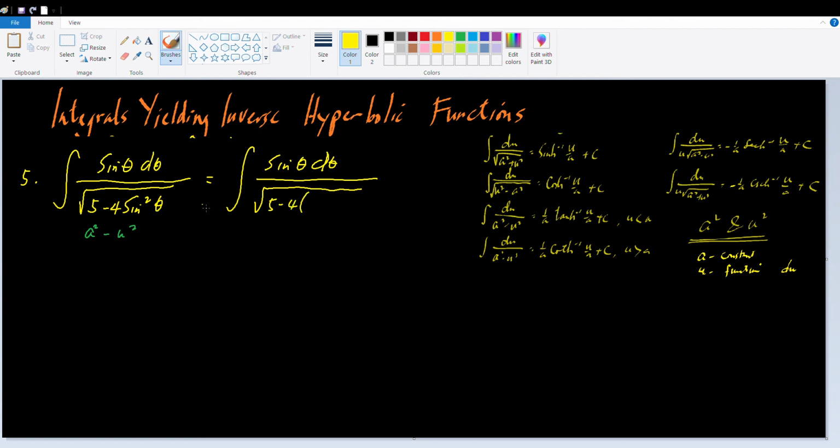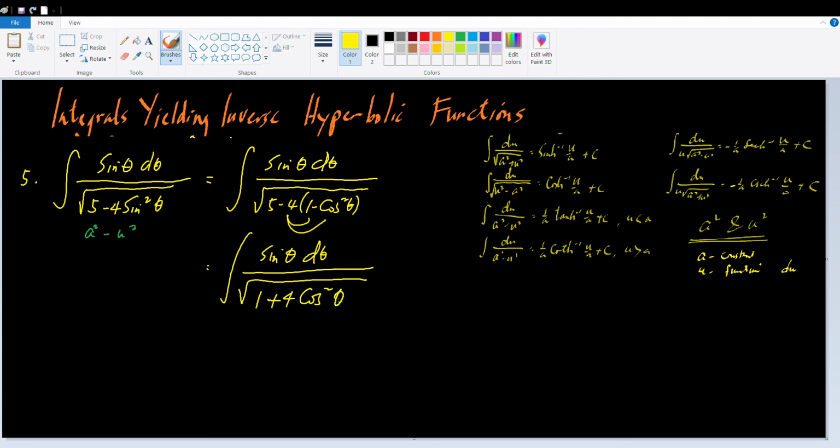Sine squared theta is 1 minus cosine squared theta. And let us see what will happen. We have sine theta d theta all over the square root of 5 minus 4, that will be 1, and negative 4 times negative cosine squared theta is positive 4 cosine squared theta.